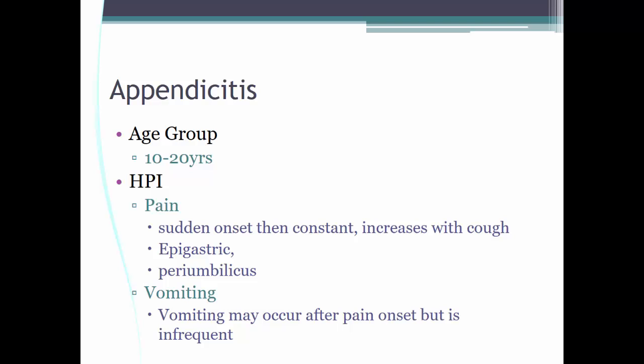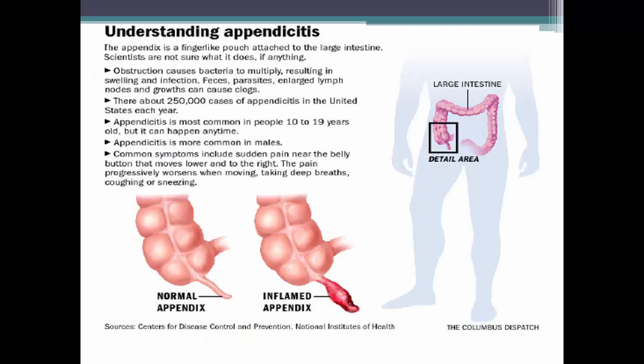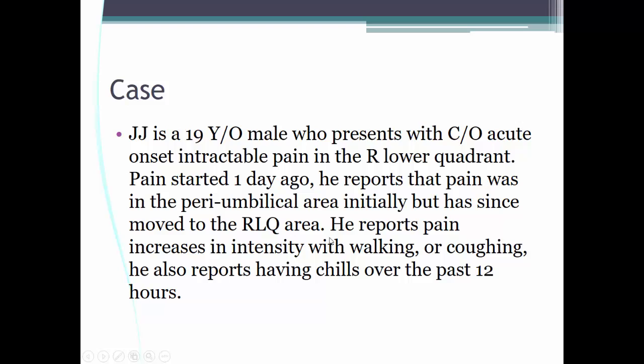The classic acute appendicitis symptoms are epigastric or periumbilical pain, followed by brief nausea, vomiting, and anorexia. After a few hours, the pain shifts to the right lower quadrant. Pain increases with cough and motion. So if you recall the case study, the patient will have pain while walking and coughing.